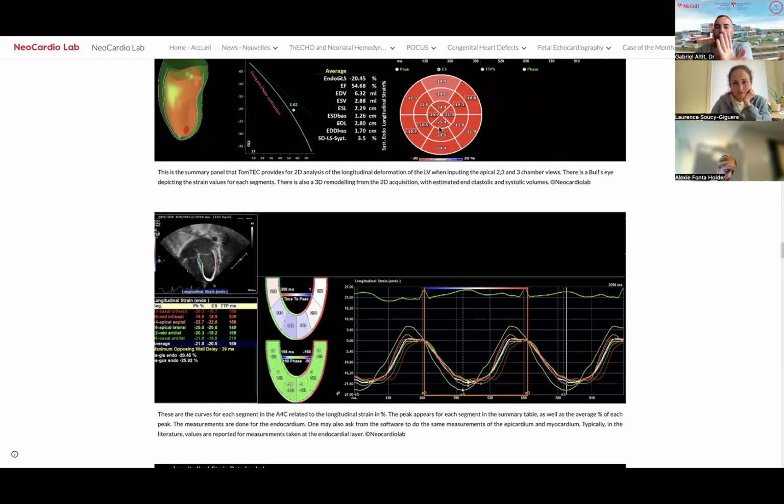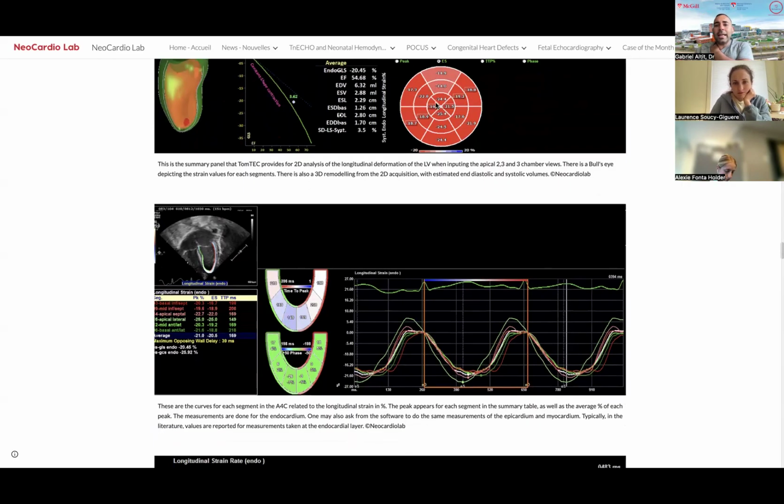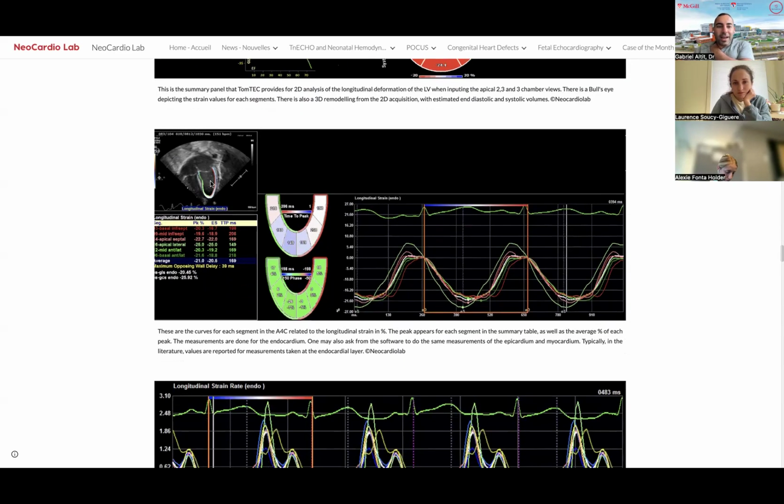So you get all these three segments, 1, 2, and 3. And then you get at the apex, the mid cavity, or the base where the mitral valve attaches. So it's dividing into these three areas, septum number 1, septum number 2, septum number 3, lateral wall number 1, number 2, number 3. So that's why you have 6 segments.